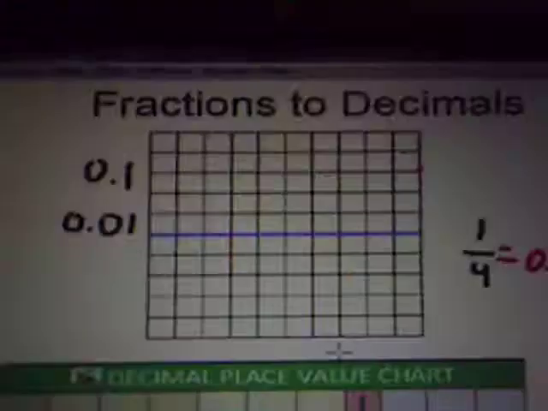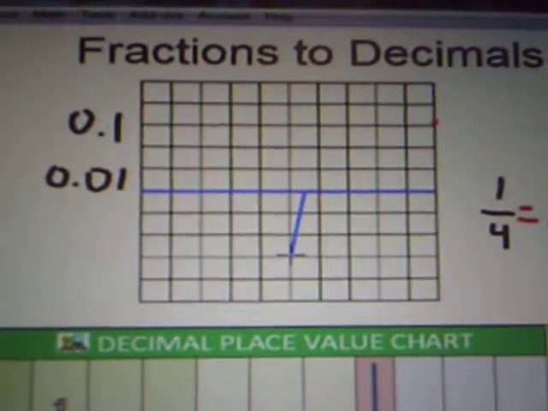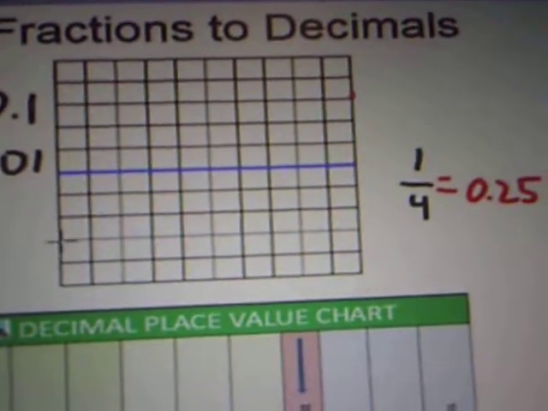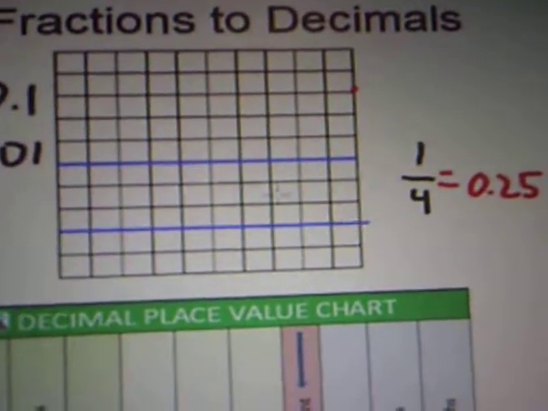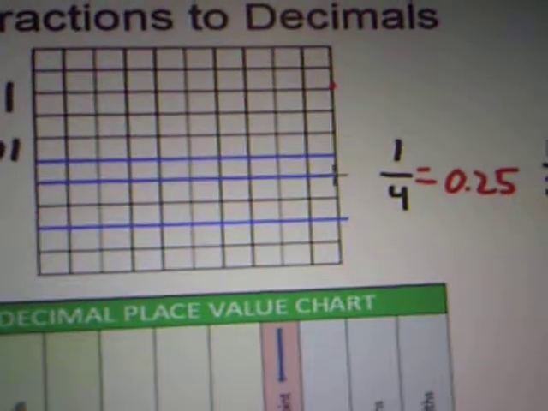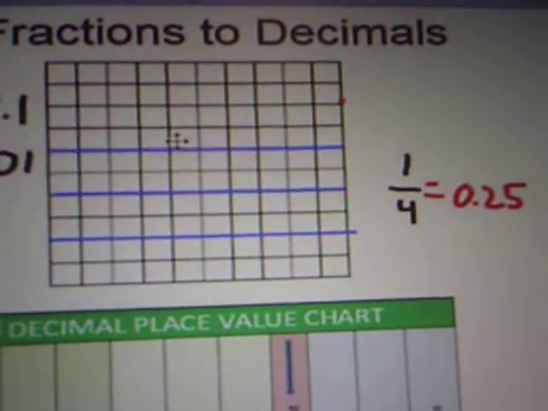Alright? Well, here's our square. Let's divide it into 5 equal parts.